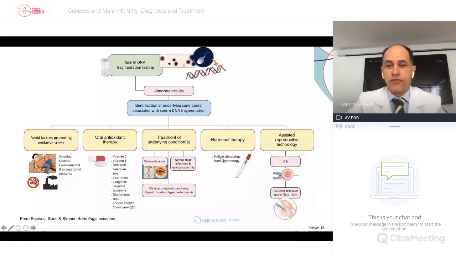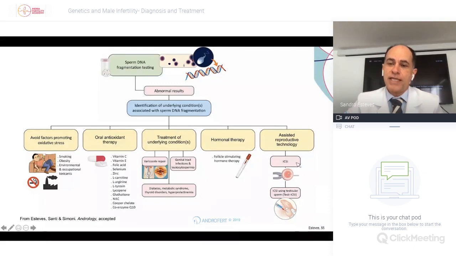In some cases, it has been described that follicle stimulating hormone therapy, specifically using recombinant FSH, has been shown to have a positive effect to decrease sperm DNA fragmentation. This is new information based on a very recent randomized controlled trial.